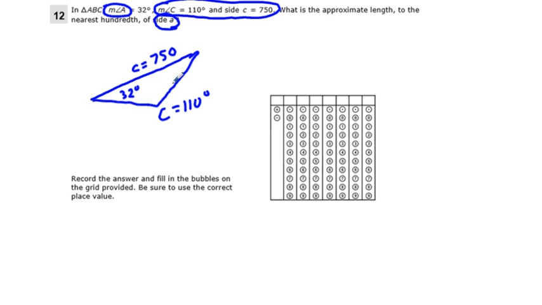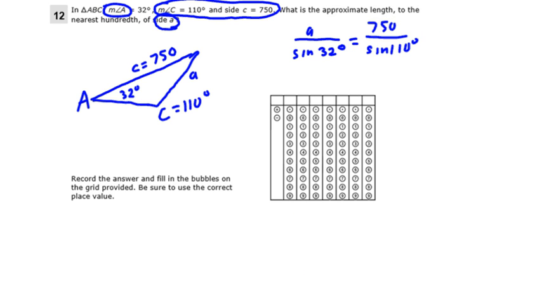We want to find side A, opposite angle A. So we can set it up: little a over sine of 32 degrees equals side C, which is 750, over sine of angle C, which is sine of 110 degrees.